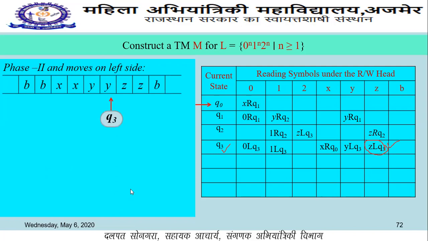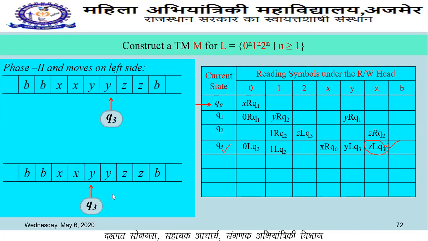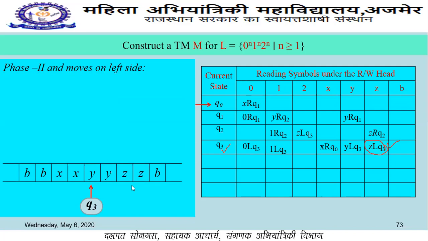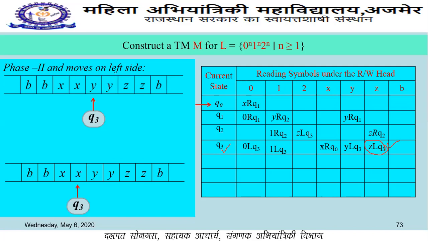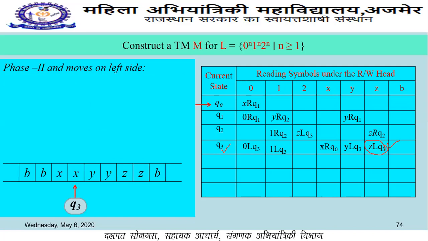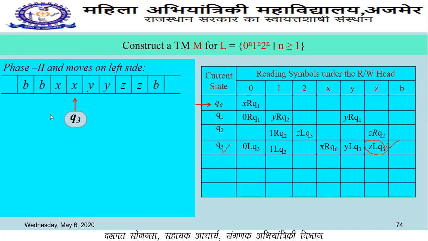So we are moving in this way. Next, this y is passed similarly to the previous step and we take a left turn. Like this, we reach this situation, and this situation tells us the second phase is completed and we turn into the next phase.